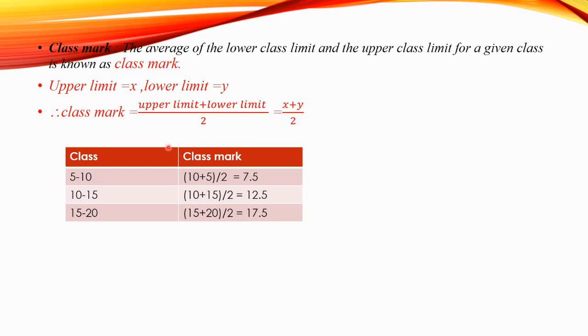Now, in the given question, for 5 to 10 it will be 10 plus 5 upon 2, that is 15 upon 2, therefore the class mark is 7.5. For the second class, 10 to 15, the class mark will be 10 plus 15 upon 2, which is 25 upon 2, equal to 12.5. For the next class, the class mark will be 15 plus 20 divided by 2, which is 35 by 2, equal to 17.5.